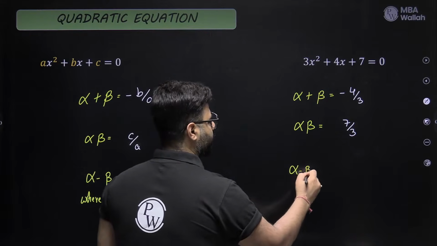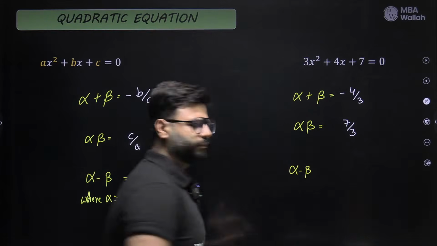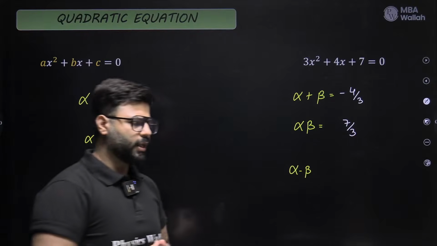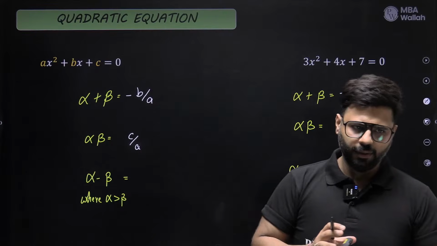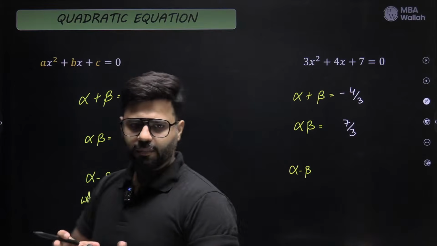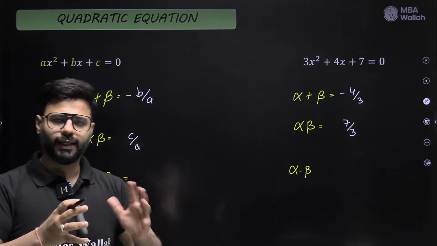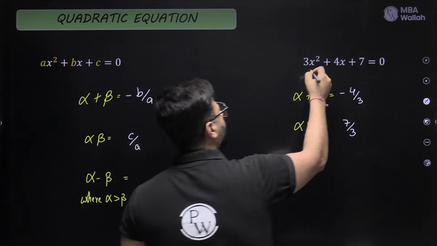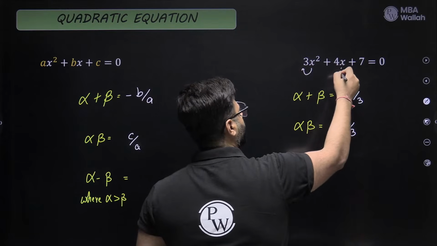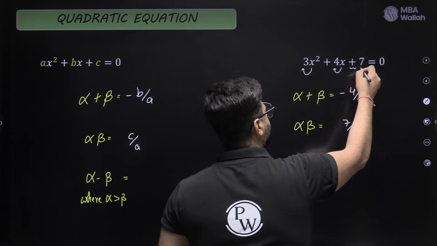Alpha minus beta as well, do you know this? Alpha minus beta, what's that? Alpha plus beta is minus b by a, alpha beta is c by a. And I hope everybody has taken the last lecture, so you know A is the coefficient of x square, B is the coefficient of x, and C is the constant term.